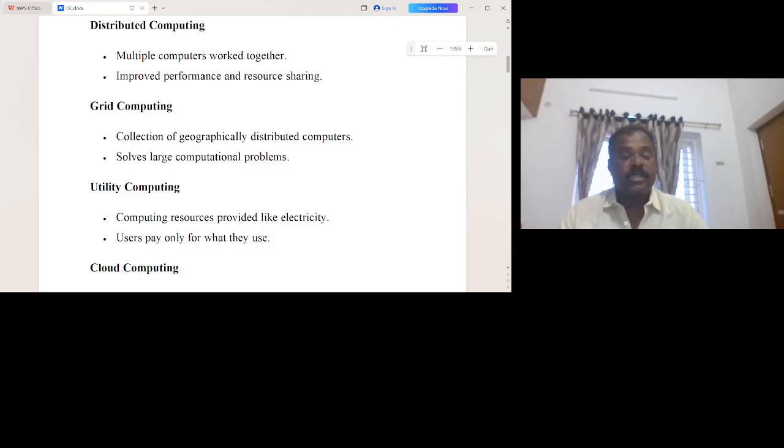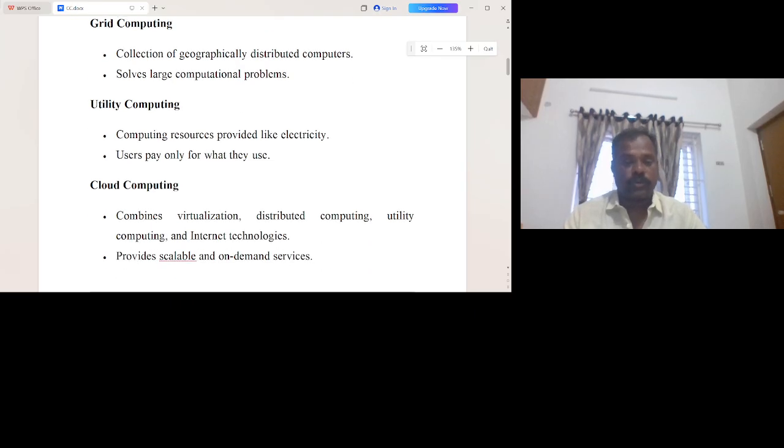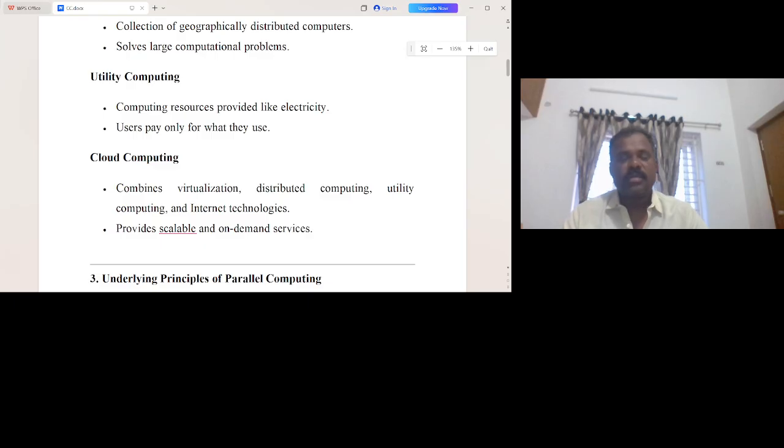The main application is to solve large computational problems. Then utility computing: computing resources provided like electricity. The main application is that users pay only for what they use. That's the payment model.